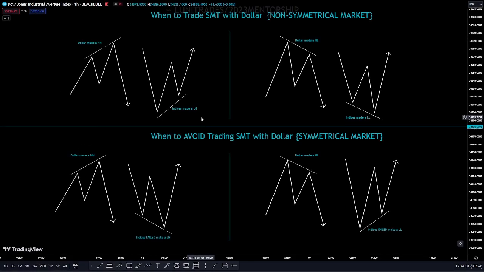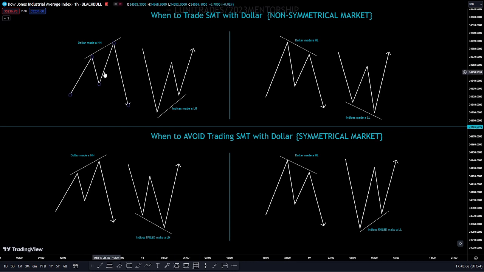Okay, so in this section, I want to talk on when to trade S.M.T with dollar or when to avoid S.M.T with dollar. At the top right-hand side, you can see this is about when to trade S.M.T with dollar: a non-symmetrical market. When the market is non-symmetrical, it means the two markets you're comparing are not both taking liquidity.